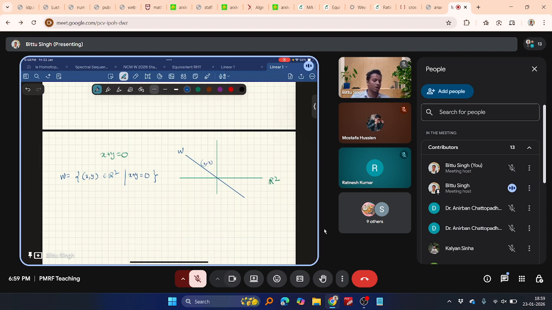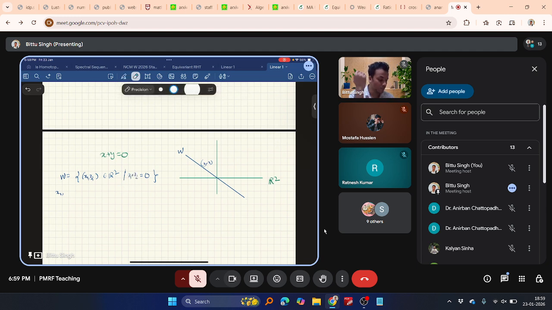Okay, so how can we see that? If we take any two elements, instead of x y let me denote them by x1 x2, it will be easier. This notation is easier to deal with.